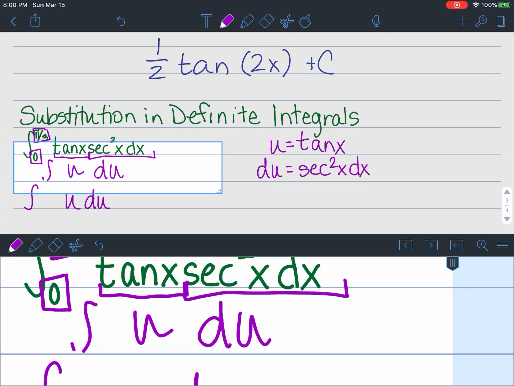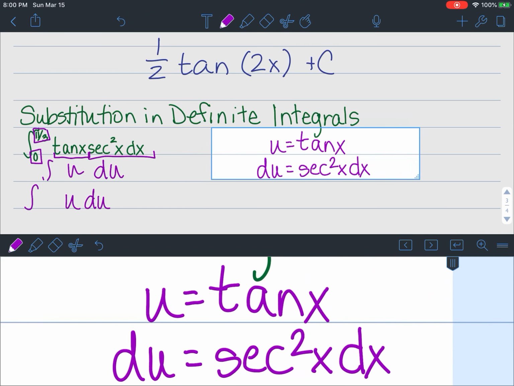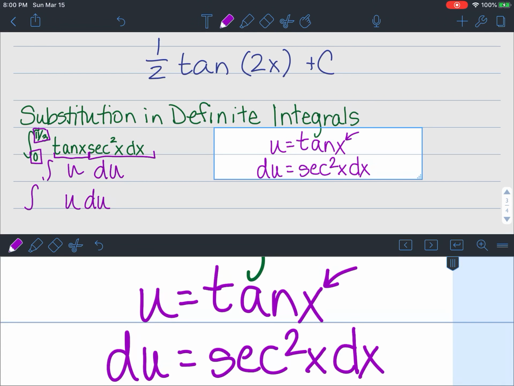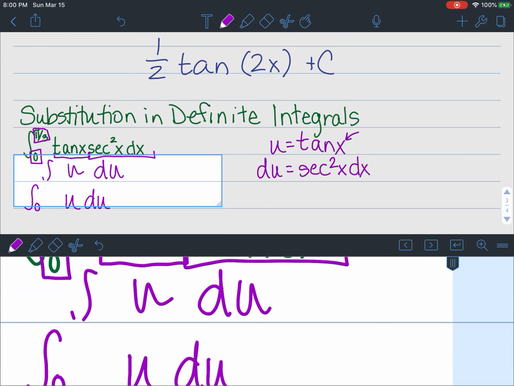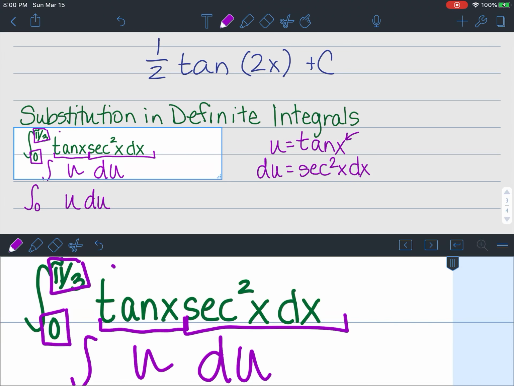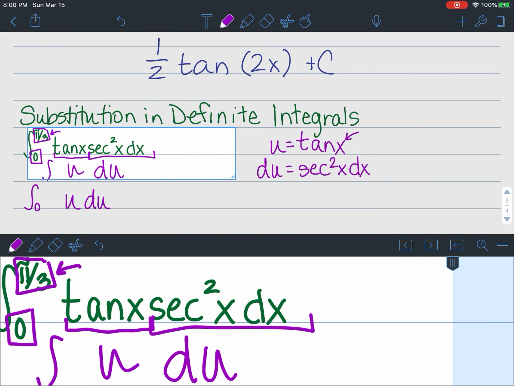So if I take 0, that was supposed to be my lower limit of integration for x, and I put it in here for x, I'll get the new lower limit of integration for u. So tangent of 0 is 0. So this 0 is actually not going to change. But let's look at the upper limit of integration, the pi over 3.